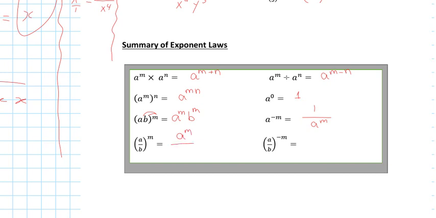And the last one, b over a to the power of m.